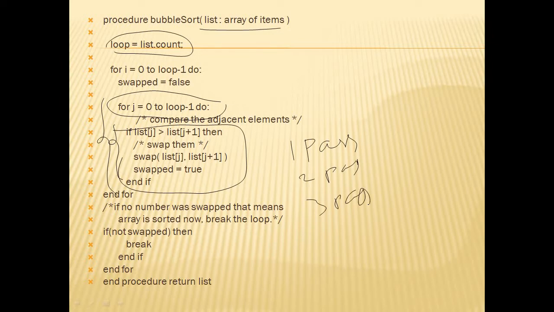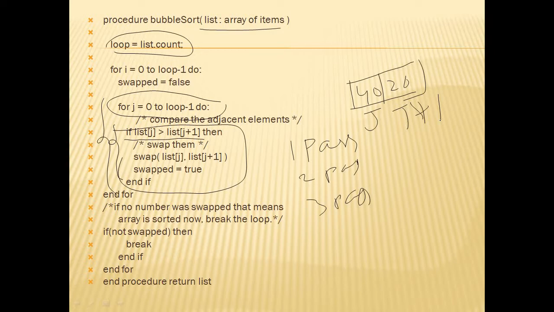Here what we are doing: is list of j greater than list of j plus 1? Assume I have two elements, 40 and 20, at j and j plus 1. List of j is 40. Is it greater than list of j plus 1, which is 20? Yes.